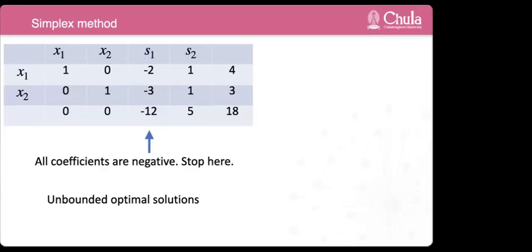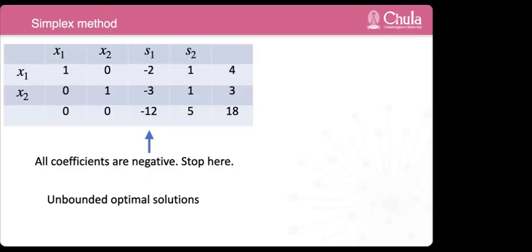We cannot remove anything from the basic variable, right? Because they are both negative. Okay, so all coefficients are negative. We stop here. We cannot go further.